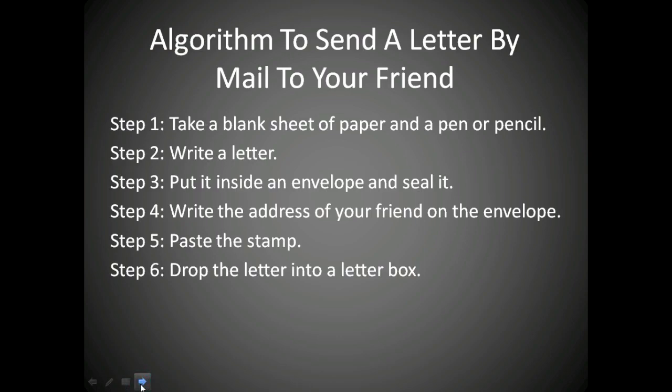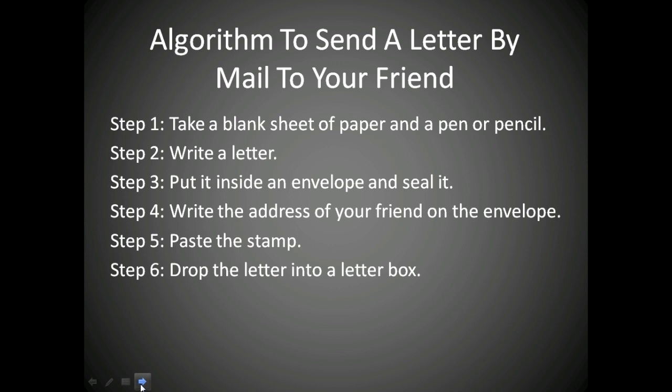See children, first, an algorithm to send a letter by mail to your friends. In day-to-day life also, as we plan, we write the steps, we follow the steps. If you want to send a letter to your friends, what steps do you need to follow? First, take a blank sheet of paper and a pen or pencil, write a letter, then put it inside an envelope and seal it.